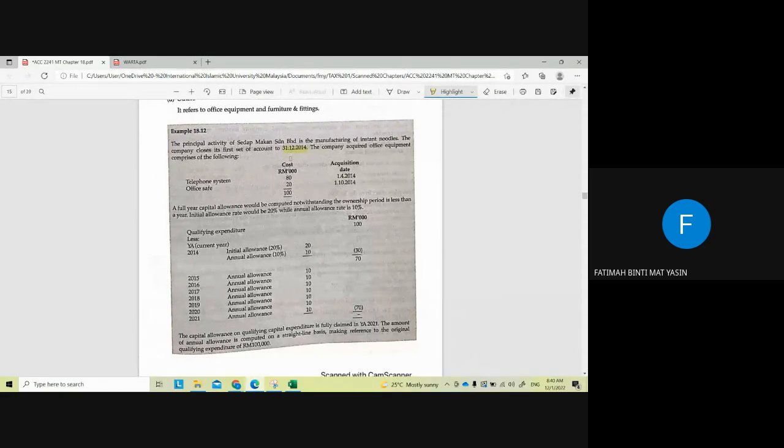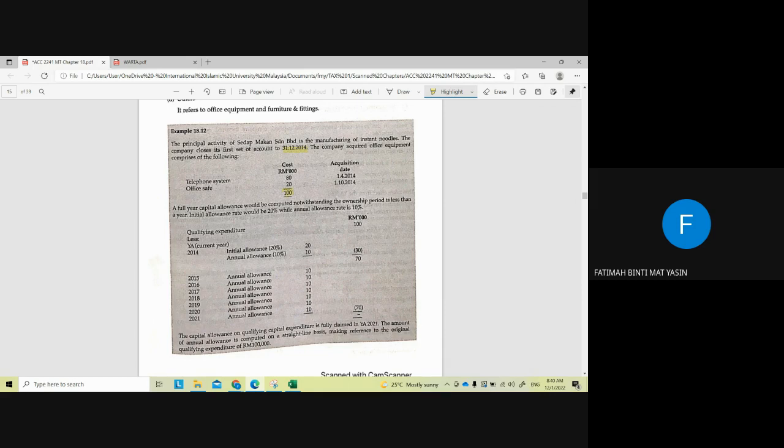The company acquired office equipment comprising the following: a telephone system as well as an office safe. The total is 100,000. So both are actually under office equipment.